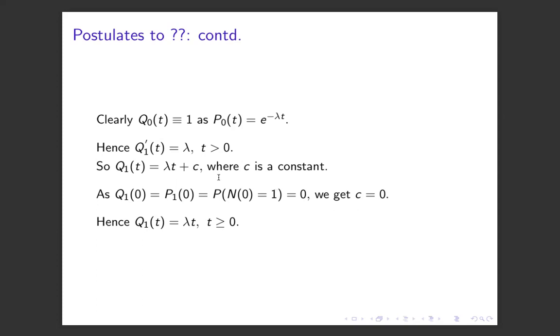Consequently, one gets that this little c is 0. So Q_1(t) is lambda t, for every t greater than or equal to 0. Note it down.